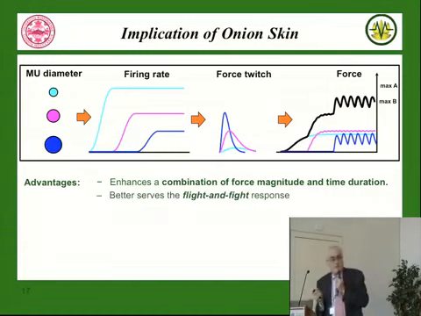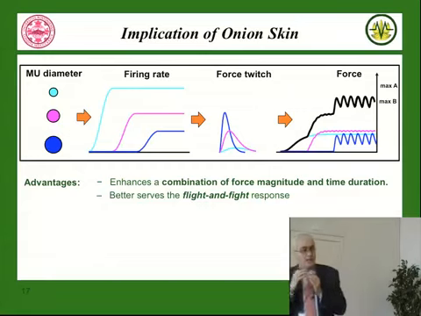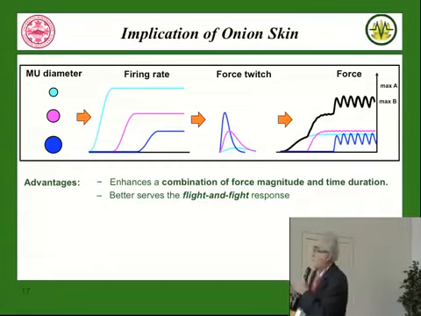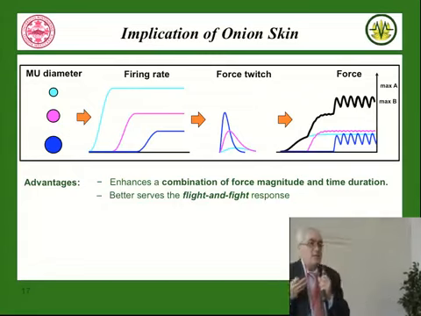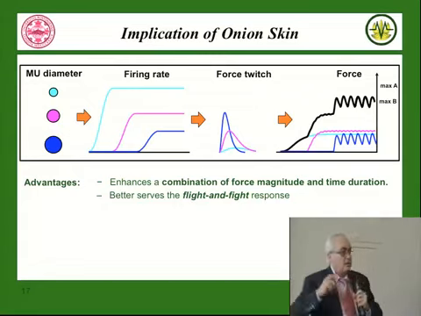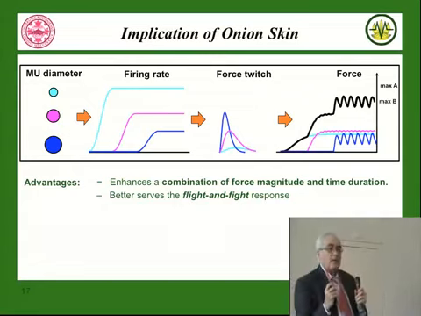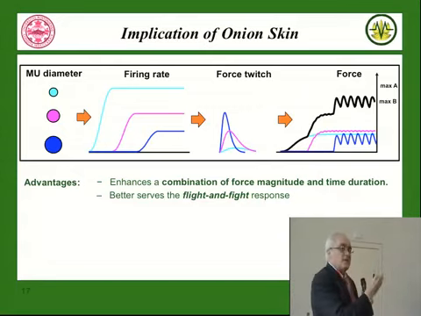The advantage of this approach is that it serves the so-called fight and flight response. That is, if you see a tiger coming at you, you want to get away. But you want to get away for some distance. So you want to be able to sustain your force.